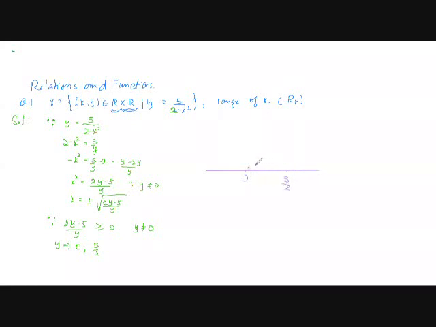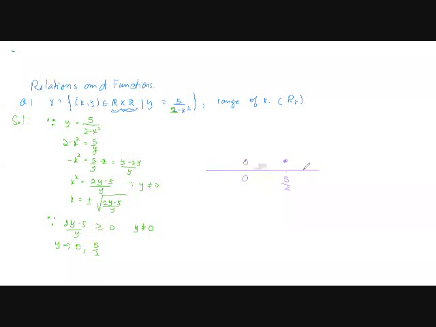And then 0 has to be an open dot, right? And this one can be included. The y is included because there is an equal sign here, and y shouldn't be 0.